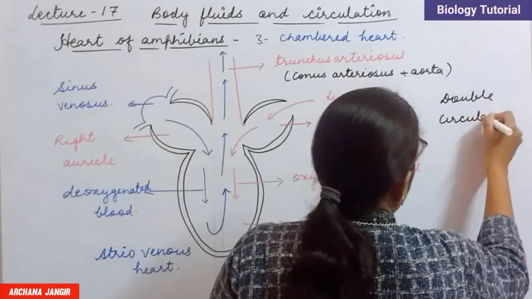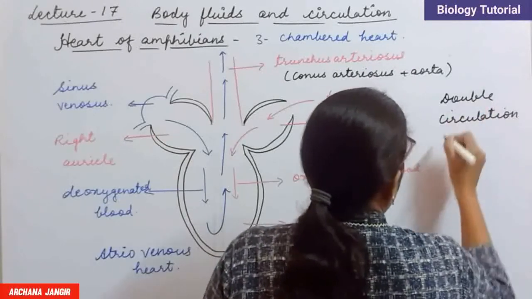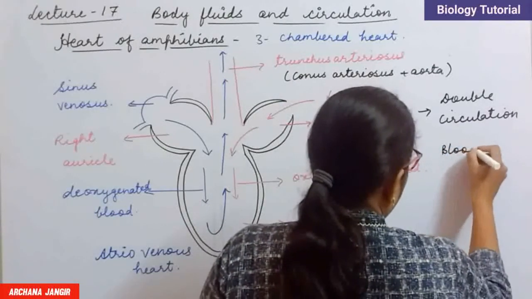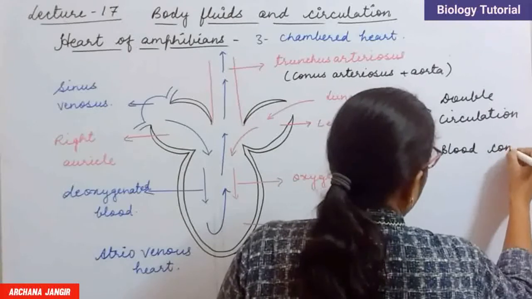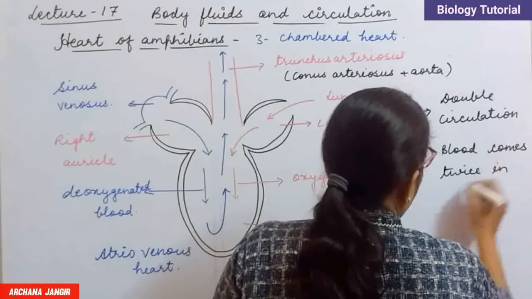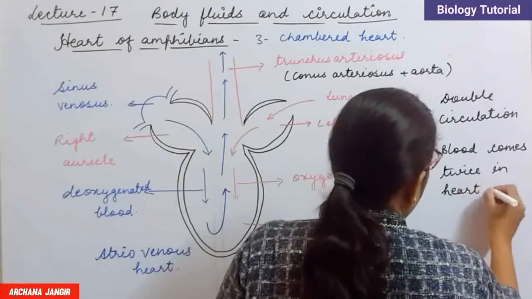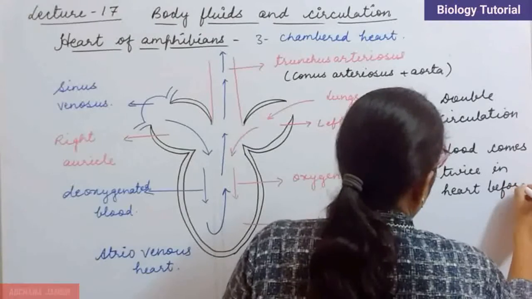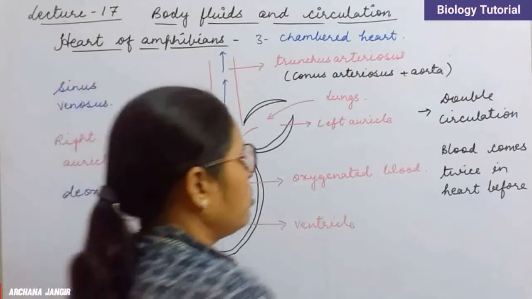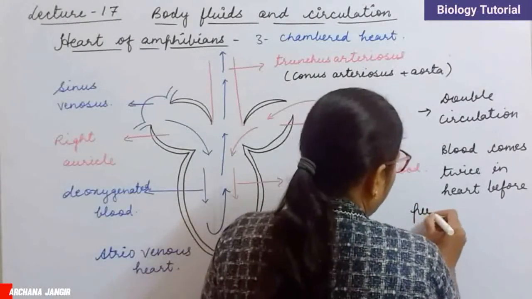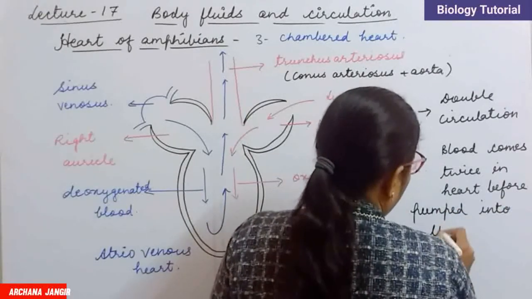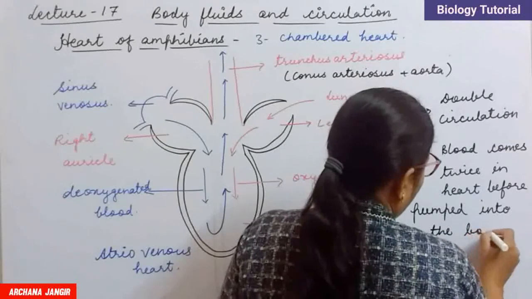Double circulation means blood comes twice in the heart before being pumped into the body tissues.